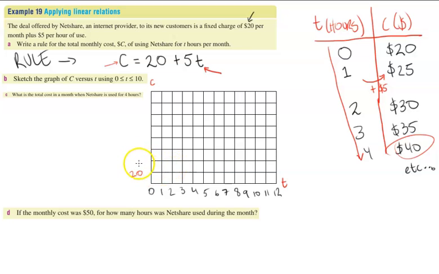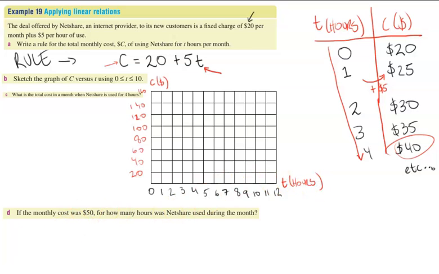So this is 20, this is 40, 60, 80, 100, 120, 140, and 160, which is here. So C is in dollars, and T is in hours.